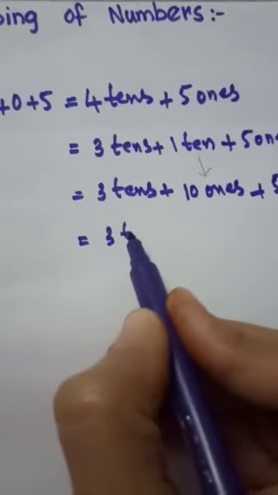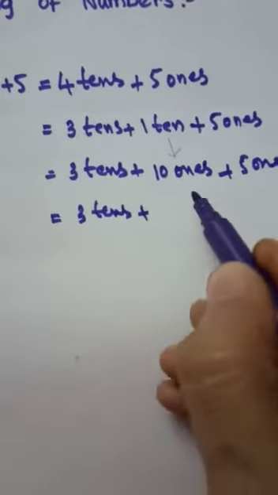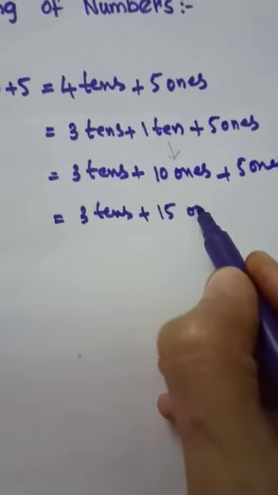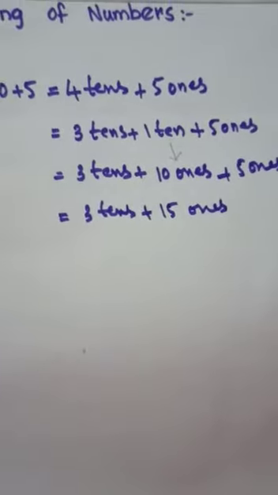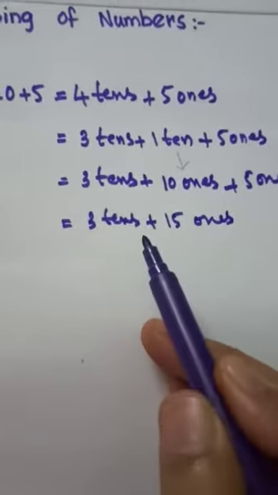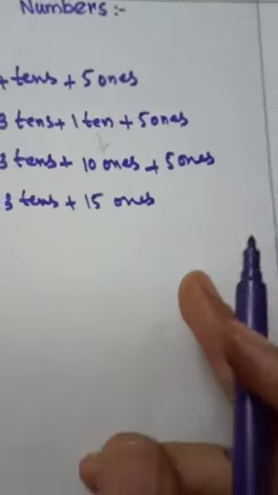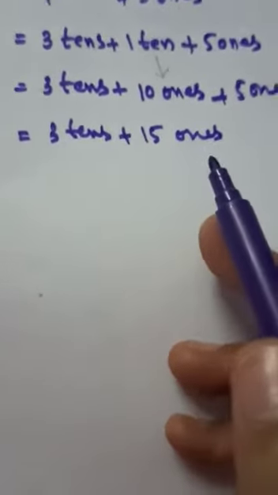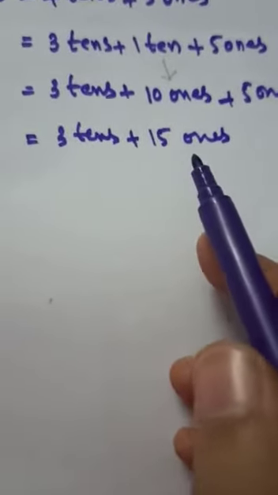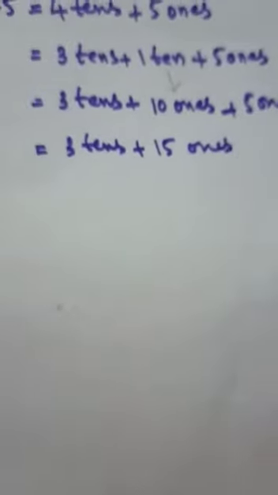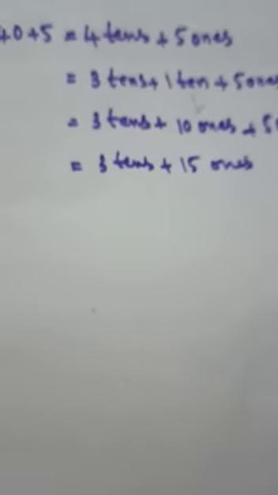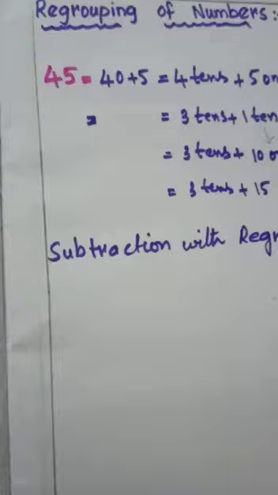Next, 3 tenths plus 10 plus 5 is how much? 15 ones. Why have we changed these tens to ones? Because sometimes we may not have enough ones. So we are regrouping the 1 ten to 10 ones. So let's do one problem on regrouping.